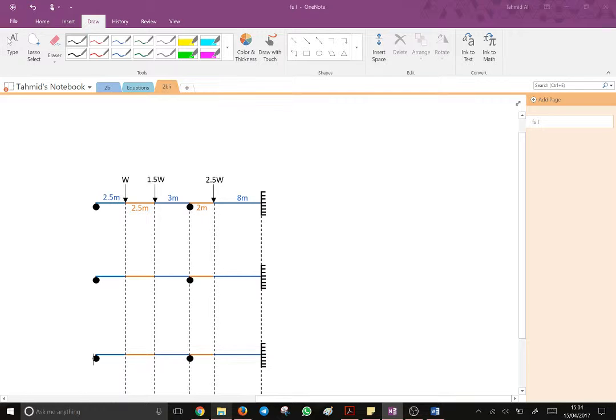So there's a support here, support here, support here. So you can separate them between the supports. So if you split it into this section and this section, consider this section as one part of the beam, and this section as another part of the beam, as this is between 2 supports and these are between 2 supports.